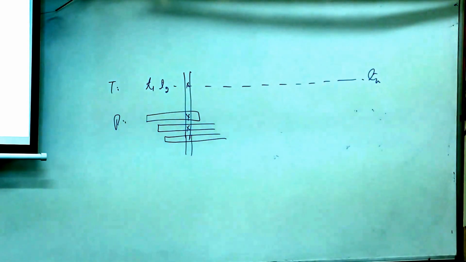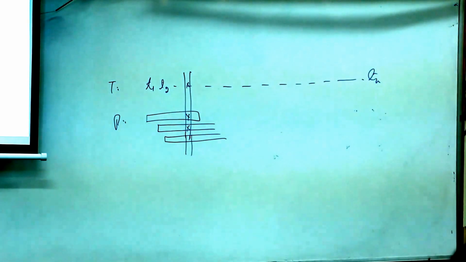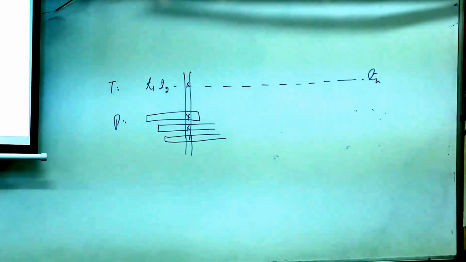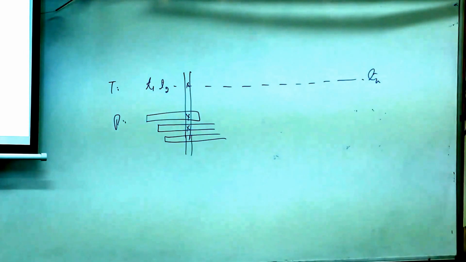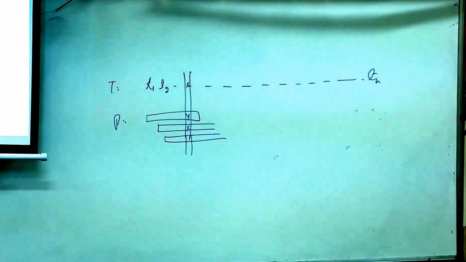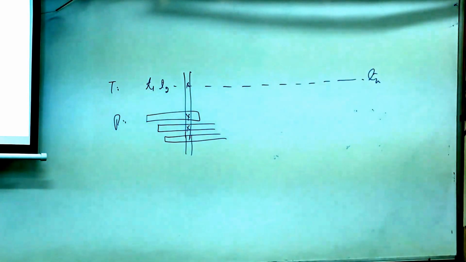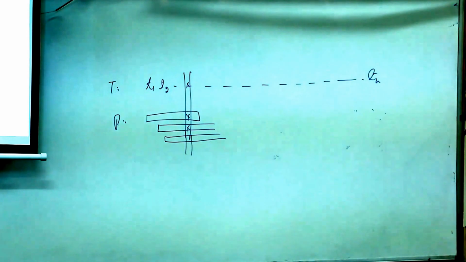I'm not talking of matches, I'm talking of mismatches. What happens when there is a mismatch? I'm counting the number of mismatches. I'm not counting the number of comparisons.